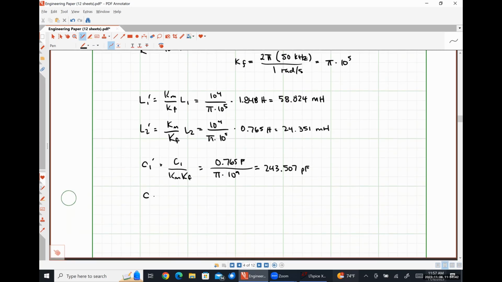And then lastly, C2 prime is going to be C2 divided by Km Kf. So 1.848 farads divided by pi times 10 to the 9 comes out to be 588.237 picofarads. So these are our values.